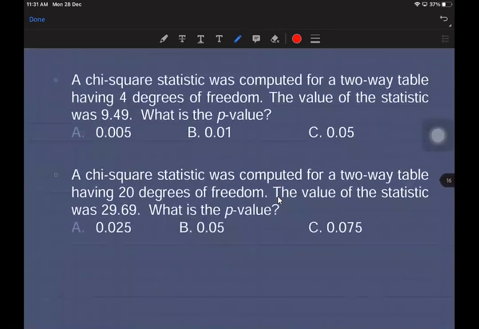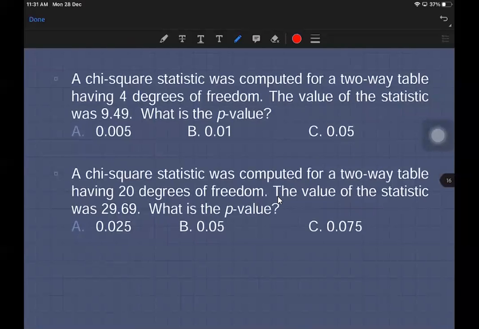So let's get back to this example, to give you an idea on how to look for the p-value or critical value. The question here is about the p-value. A chi-square statistic was computed for a two-way table having degree of freedom of 4. The value of the statistic was 9.49. What is the p-value?